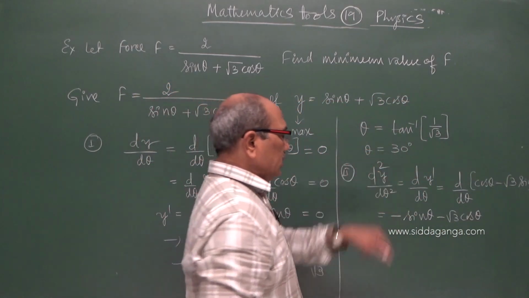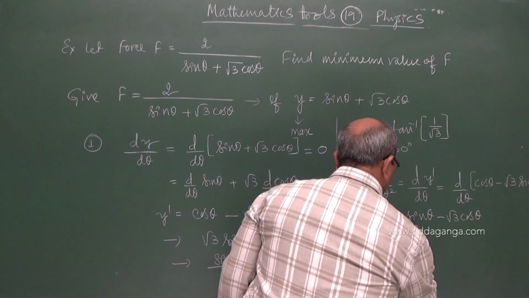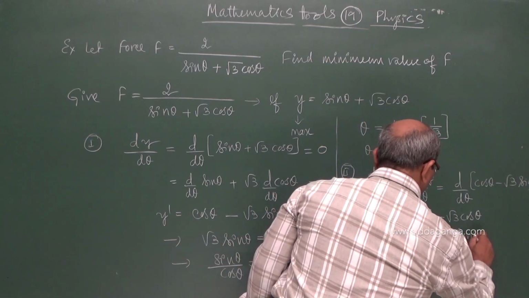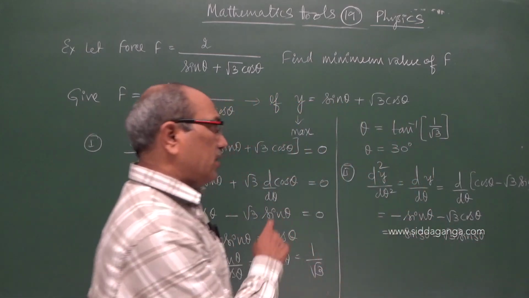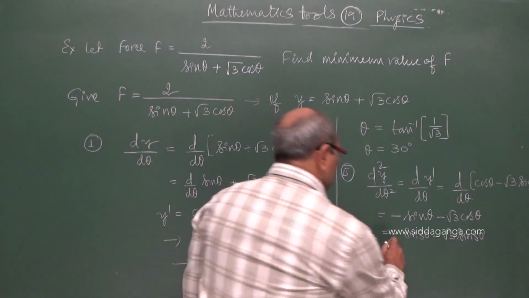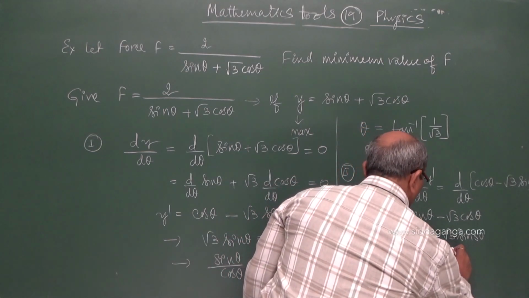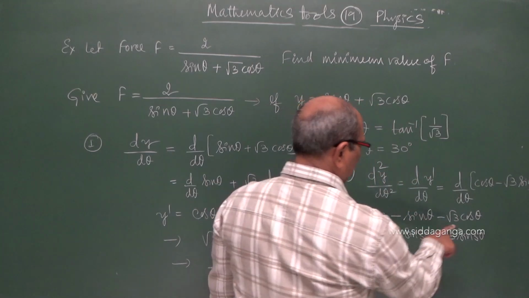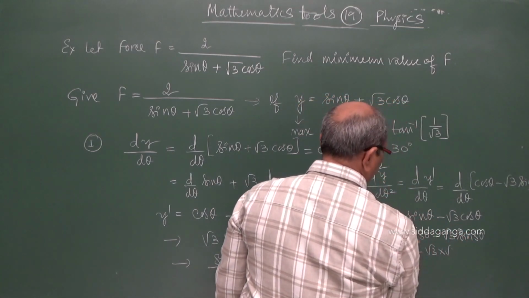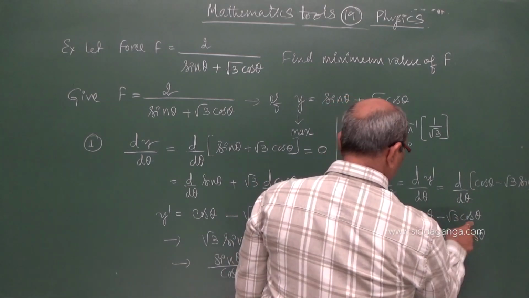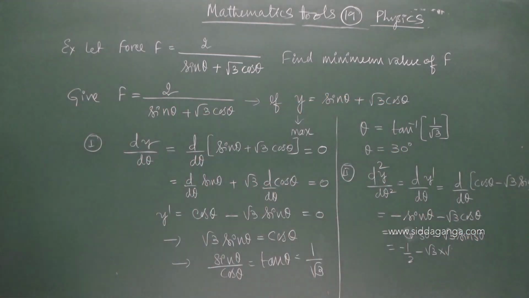Already you know theta is 30, minus sin 30 minus root 3 sin 30. If you did that, it is nothing but minus half minus root 3 into sin 30. Sorry, sin 30, it is cos 30. Cos 30 is root 3 by 2. So I made a mistake.